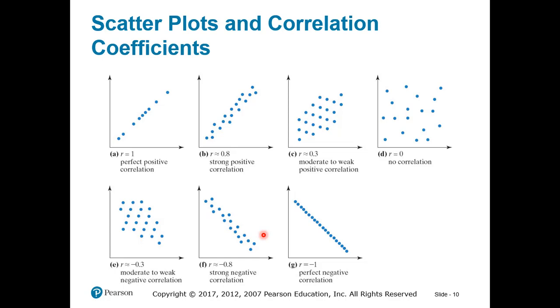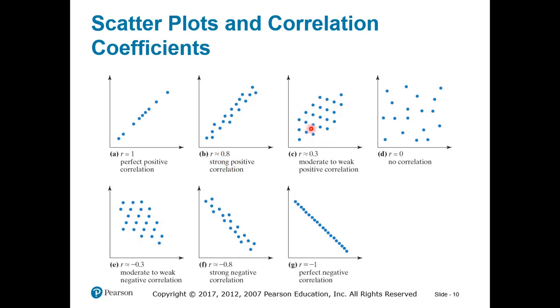So if you look at these scatter plots, we could look at this one and see this is a perfect positive correlation, so it'll have an R value of 1. This one would be a strong positive correlation. It's not quite a perfect line, but it's pretty close, so we would say an R value of approximately 0.8.